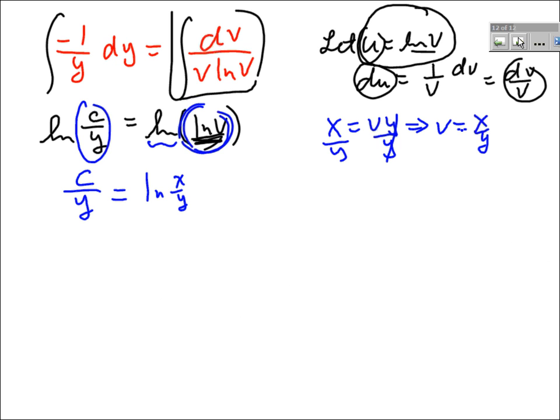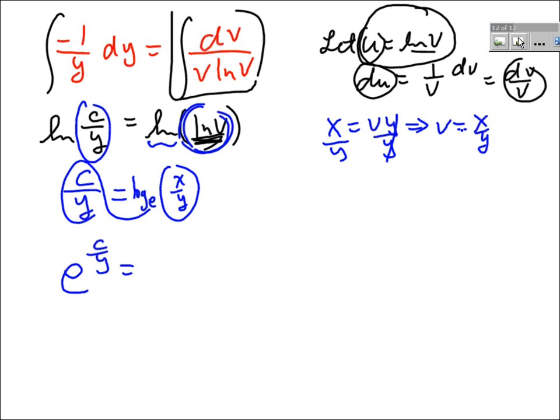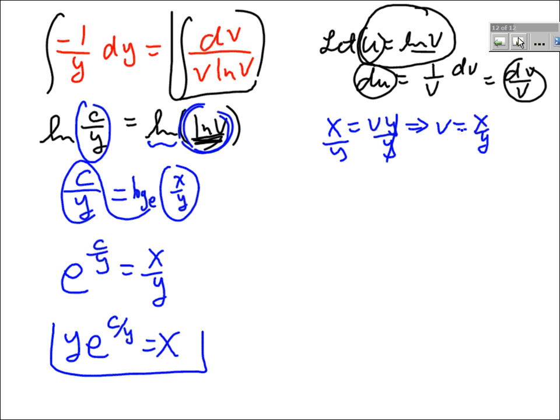So now let us try to solve this. Remember please that ln is shorthand notation for log base e. So e to this, e to the c over y is equal to x over y. Multiplying both sides by y, we learned that y e to the c over y is equal to x.